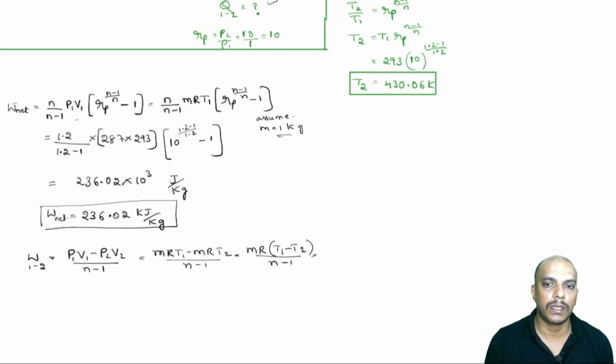Assuming M is equal to 1 kg, I will only substitute the R value, then T1 is 293 minus T2 is 430.06, divided by 1.2 minus 1.